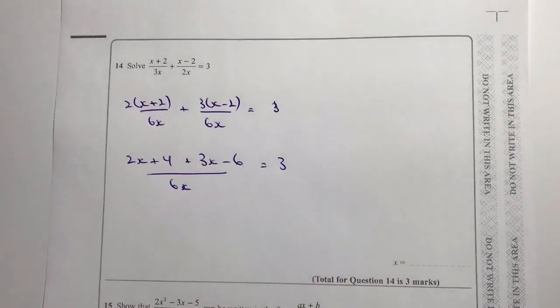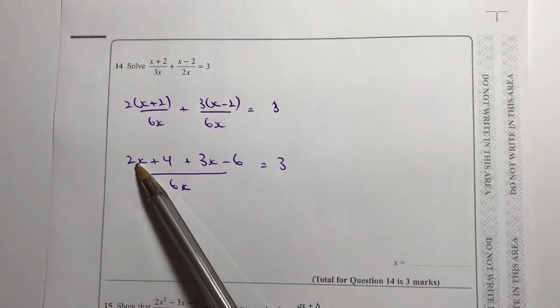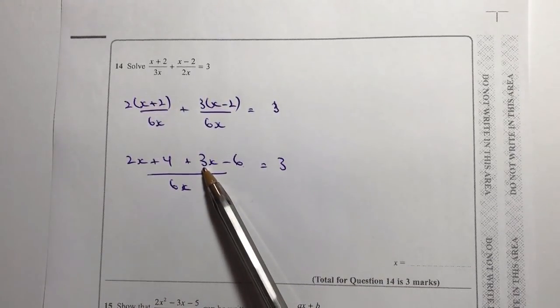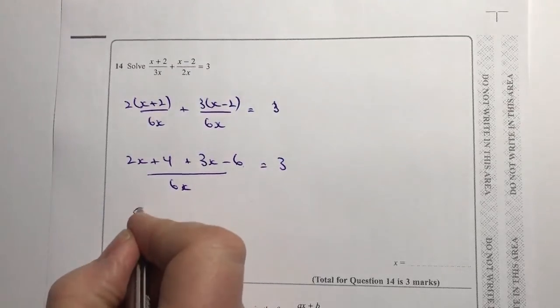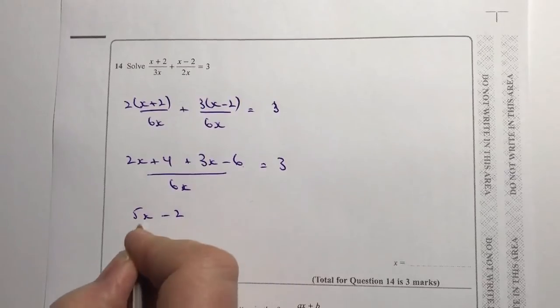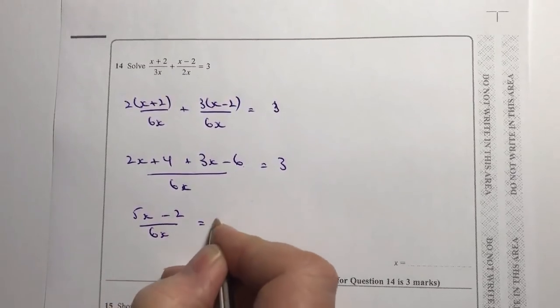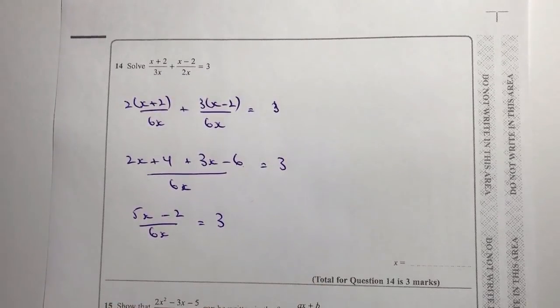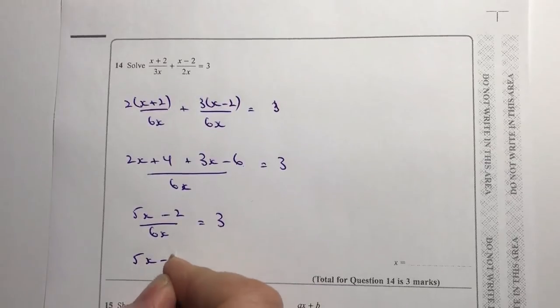Okay, if I gather up my like terms, I've got 2x plus 3x is 5x, so that's going to be 5x. And then I've got plus 4 minus 6, that's going to be minus 2, again over 6x, and that's going to equal 3.